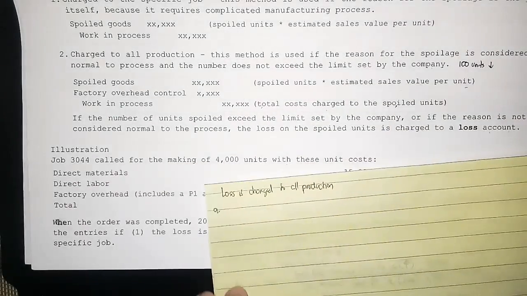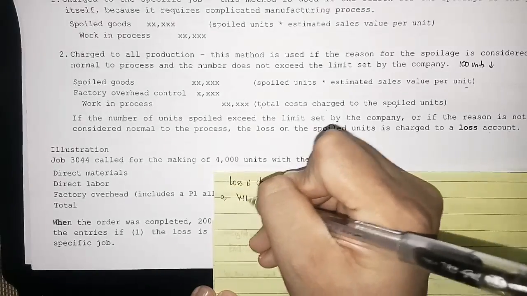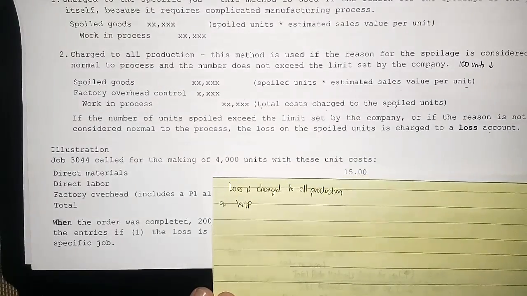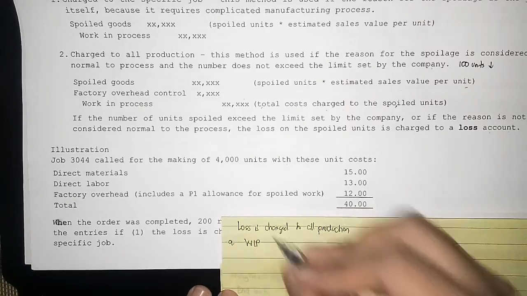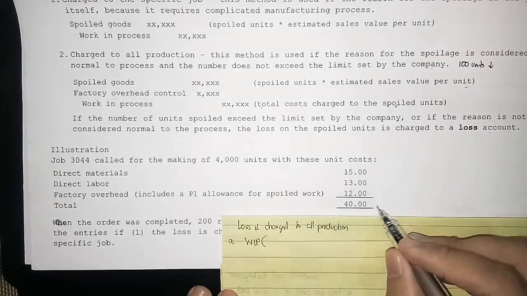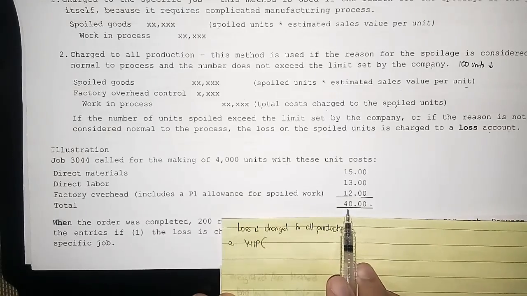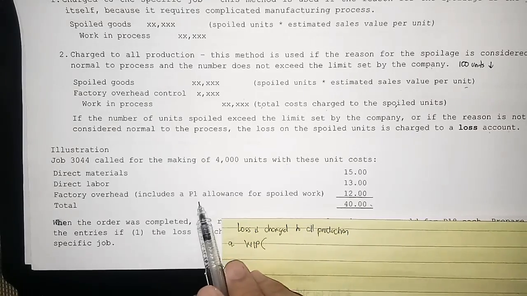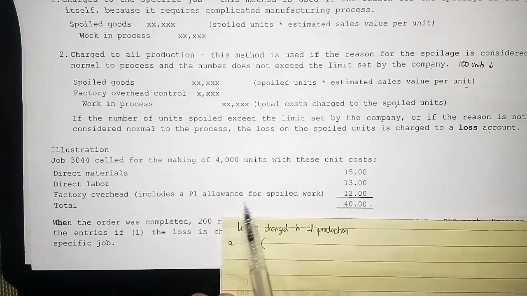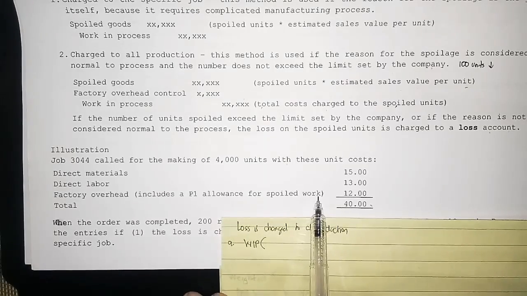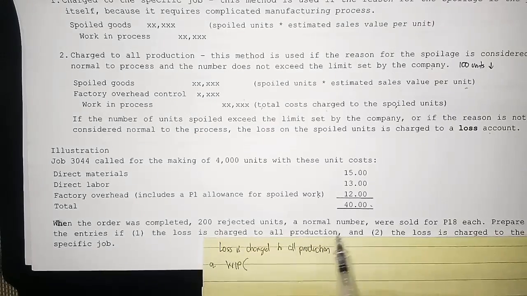So, to record yan, debit work in process, at what amount? That is 40. Gagamitin natin yung 40 pesos, in-include natin or kinonsider natin yung 1 peso allowance for spoiled work. Kasi nga, yung loss is charged to all production.